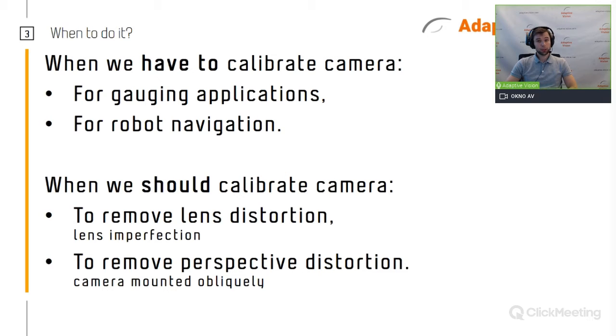In that situation, we have got two options. Either try to prepare an algorithm for such a deformed image, or we can remove this distortion using the calibration and then work on images like we have got a camera mounted parallel to the conveyor belt.